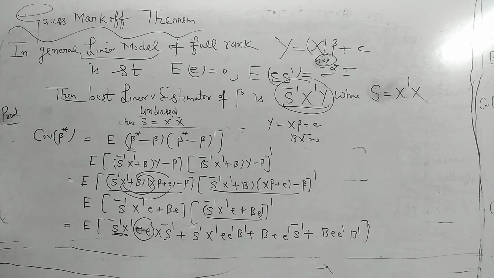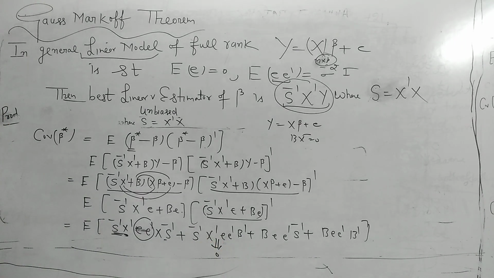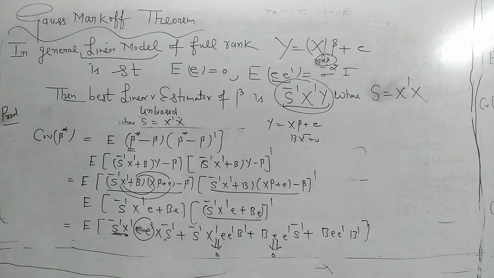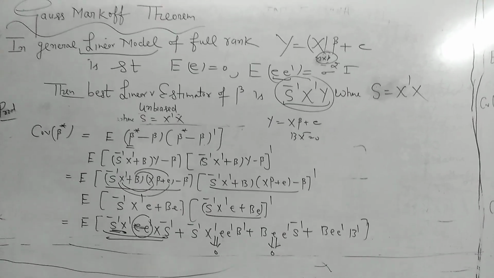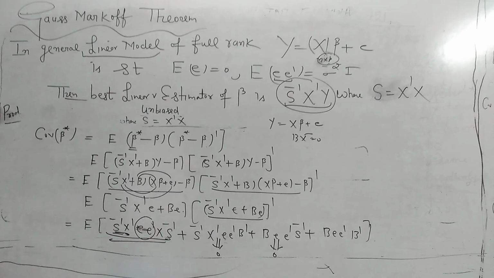There are a few terms that change to 0, and this one also changes to 0, and this will also change to 0. So this will be sigma square S inverse X dash X S inverse.